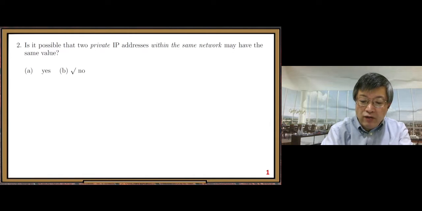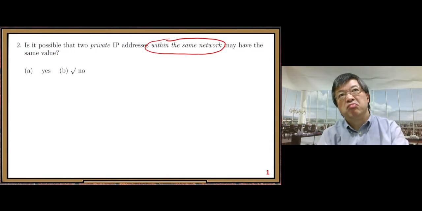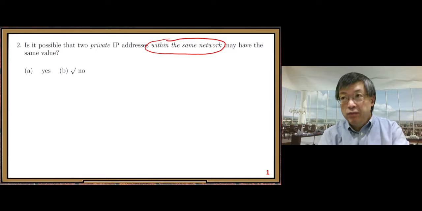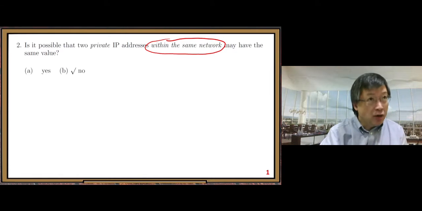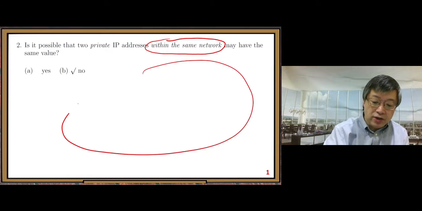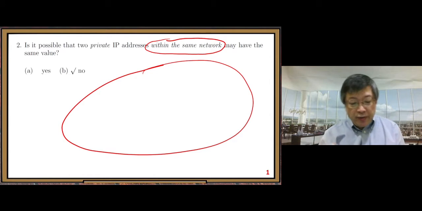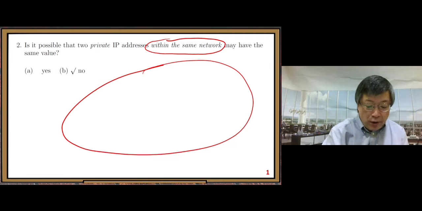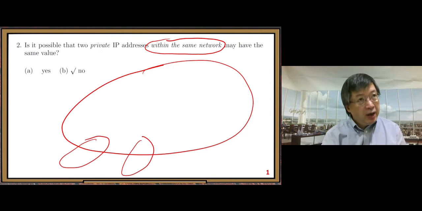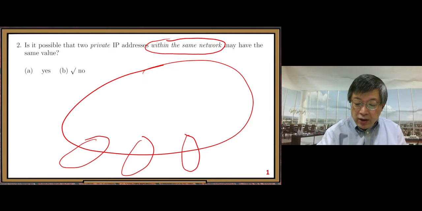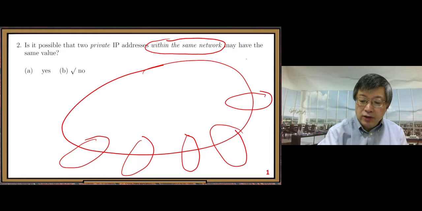If you read the question carefully, within the same network. We know local network, right? The internet is a global network, but there are many small local networks connected to the internet. Many companies have their internal network.